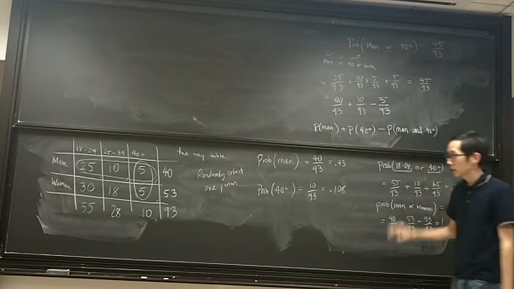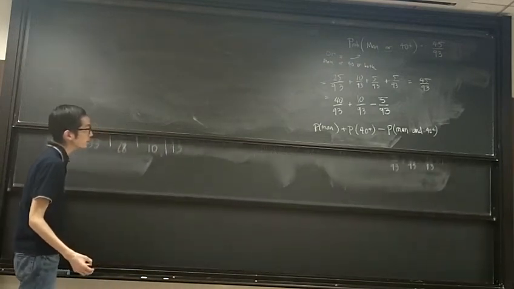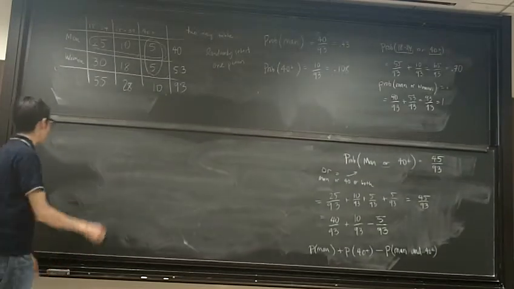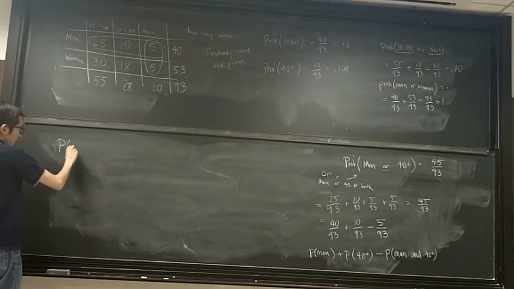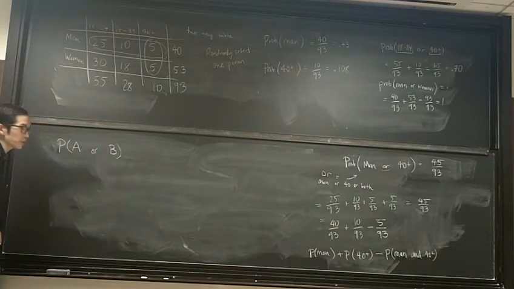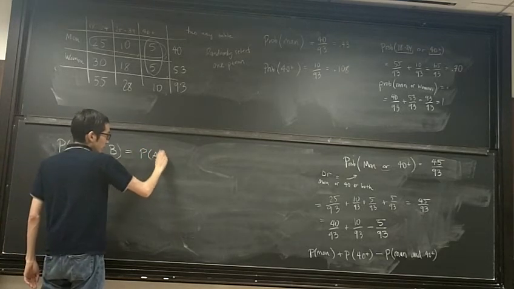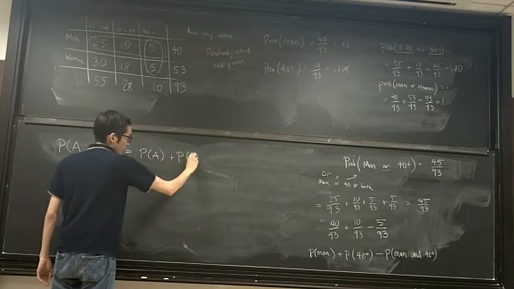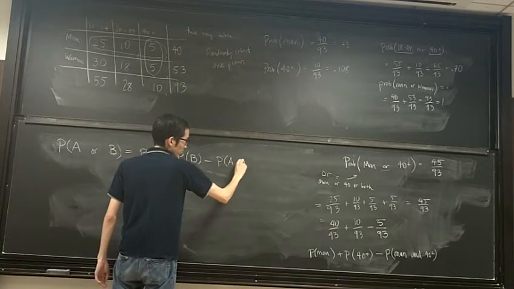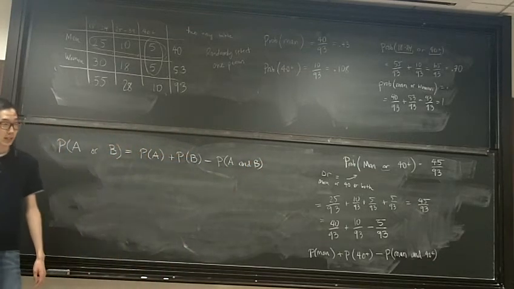In the general form, any time we see the probability of two events, let's just call them event A and event B, if I say what's the probability of event A or B happening, this is going to be equal to the probability of event A plus the probability of event B minus the probability of event A and event B. This is a general rule.